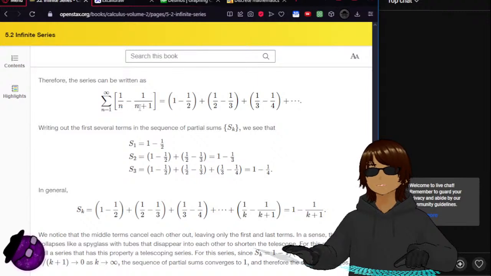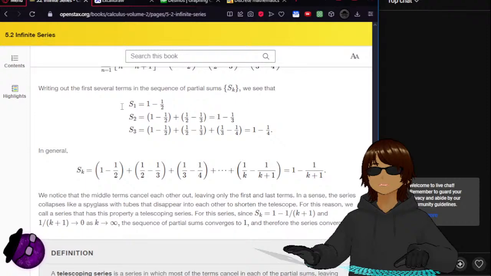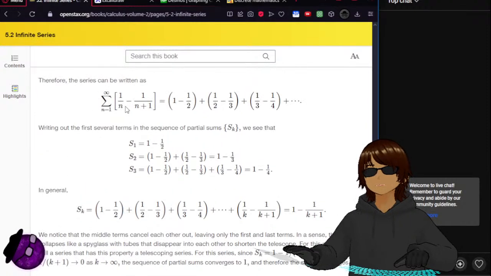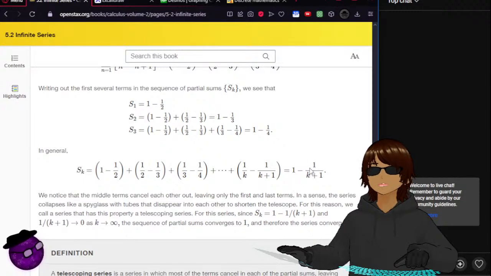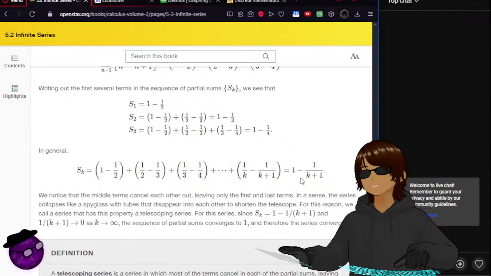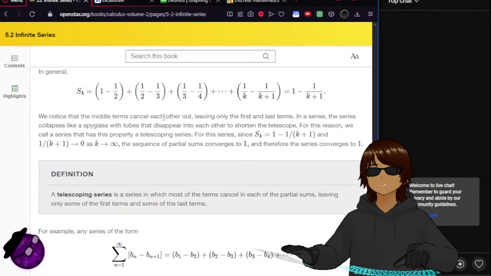But the thing is, this 1 over n plus 1 will cancel out with the next 1 over n. So if it's like 1 over 1 minus 1 over 2, then the next term would be 1 over 2 minus 1 over 3. So the 1 over 2 cancels out. If you take this to infinity, we are left with a 1. So the only terms that don't cancel out are 1 and 1 over k plus 1, if we are taking the sum to k. If we are taking it to infinity, we are just left with 1.